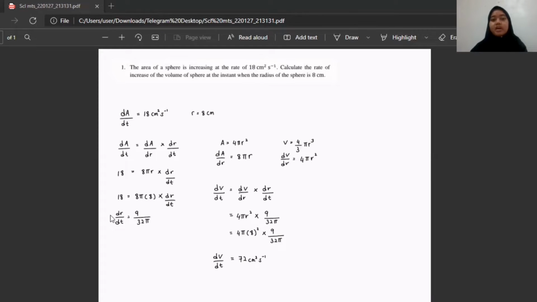So we insert dr per dt back into the chain rule equation for dV per dt: dV per dr multiplied with dr per dt, which is 4 pi times 8 squared multiplied with 9 over 32 pi. So we get dV per dt, which is 72 cm cubed per second. Okay, that's all from me about question 1.